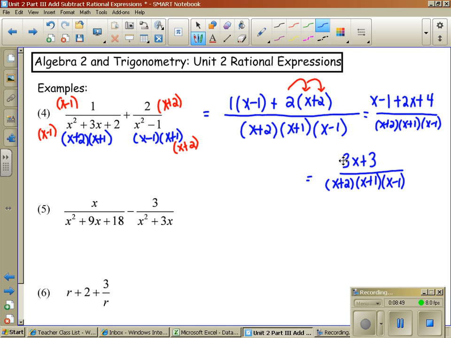What can you factor out of the numerator? A 3. So now the x plus 1s can cancel. We get a 3 over x plus 2, x minus 1. Ooh, plus.